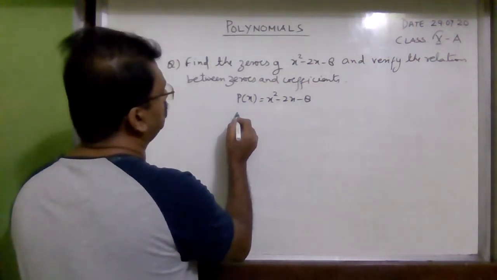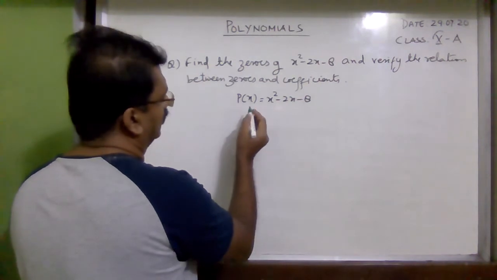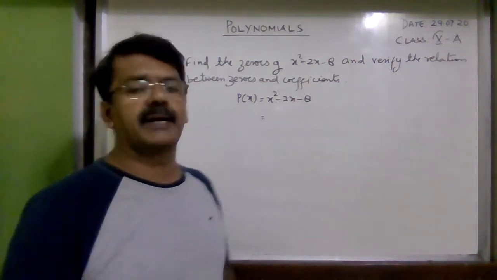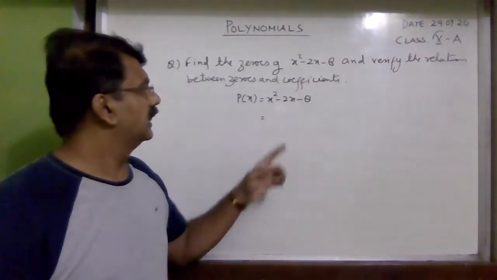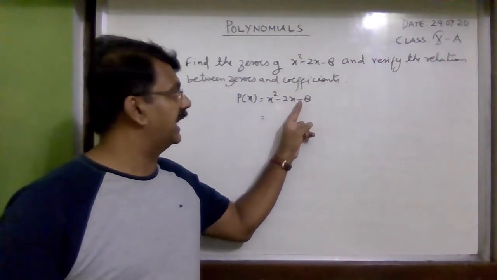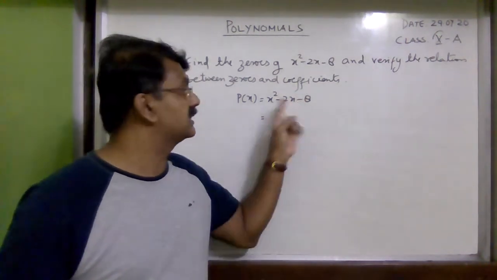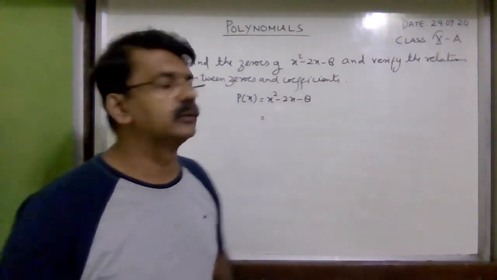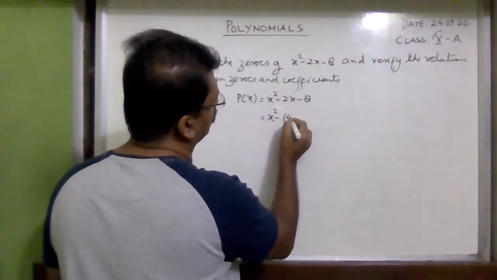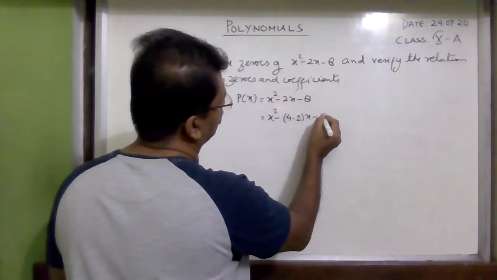Now we will factorize this quadratic polynomial by splitting the middle term. You have to think about two numbers whose product is 8 and as there is a negative sign, whose difference is 2. So it is 4 and 2. So x square minus, in place of 2 you write down 4 minus 2, into x minus 8.